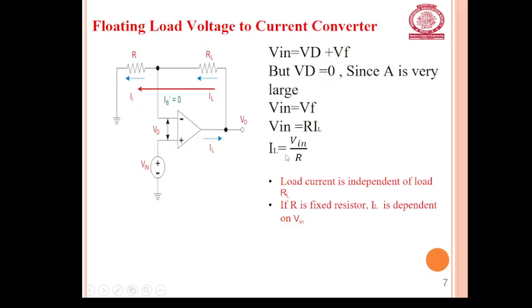So IL is nothing but Vin by R. So what we can see is that the load current is independent of the load resistor, and the second thing is, if R is fixed, then the load current depends only on the given input voltage. So the input voltage is converted to proportional output current independent of the load resistor.